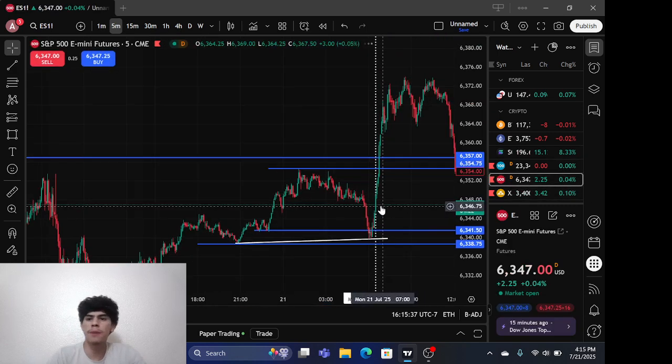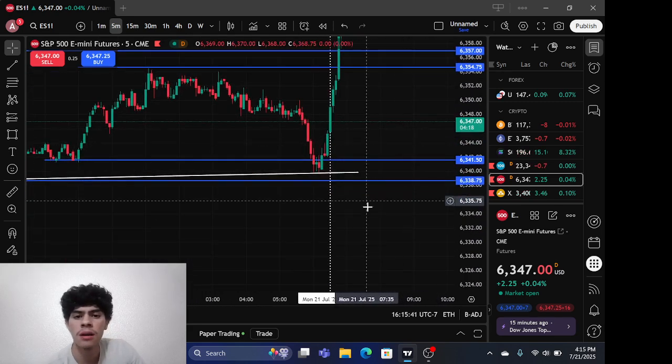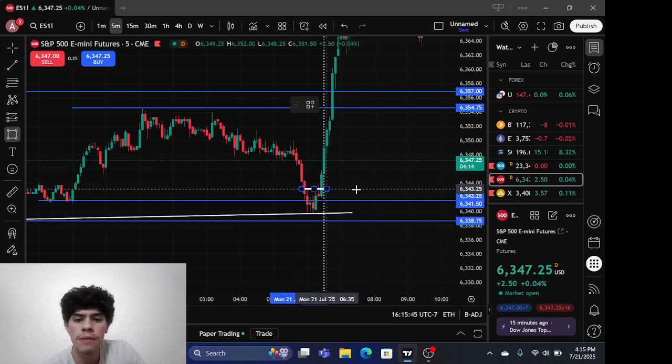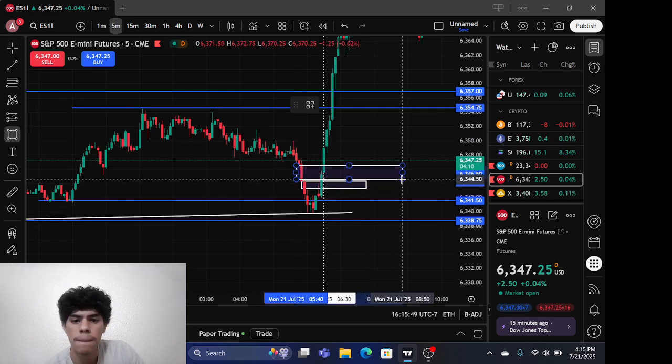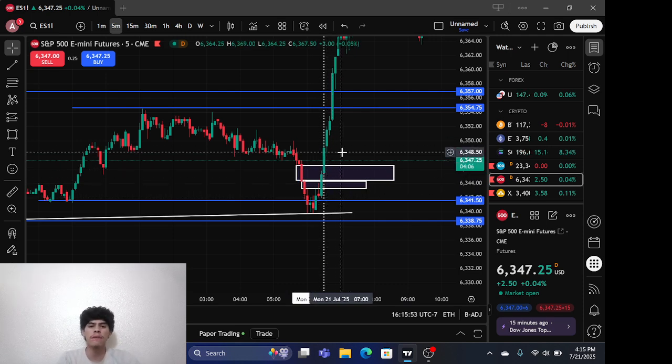So that made my bullish bias, but before I was getting ready to take some longs, I wanted to wait for these fair value gaps right here to get invalidated right here. And as we can see on market open, we did get those invalidated.